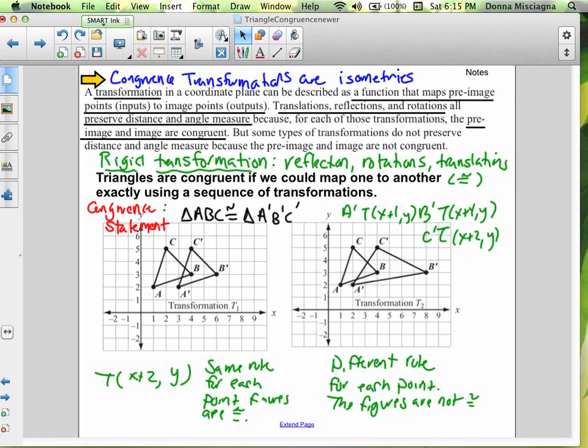They ensure that our pre-image and image are going to be congruent to one another. So triangles are congruent if we can map one to another exactly using a sequence of transformations. And we have to apply that to each of our points. So let's add that too. I have one more thing for you to add. So you've added two things. Apply to each of the points.